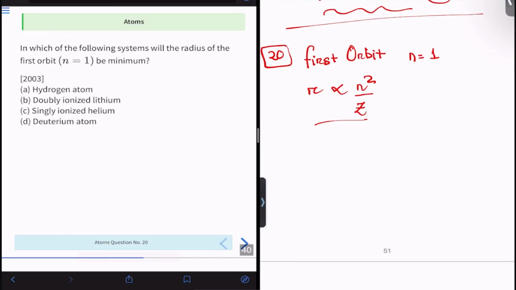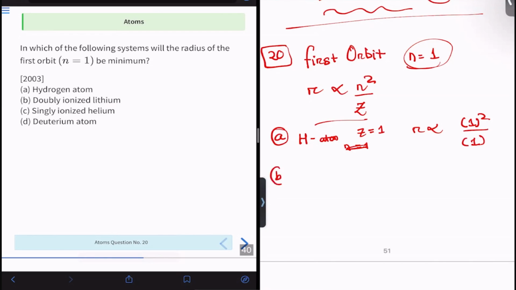We'll calculate. Option A says a hydrogen atom. In hydrogen atom, n will be 1 and Z is 1. So R is directly proportional to 1 square upon 1. Option B says doubly ionized lithium, where Z is equal to 3.